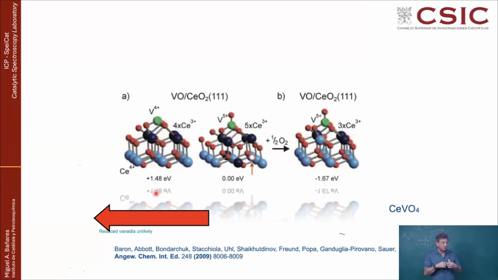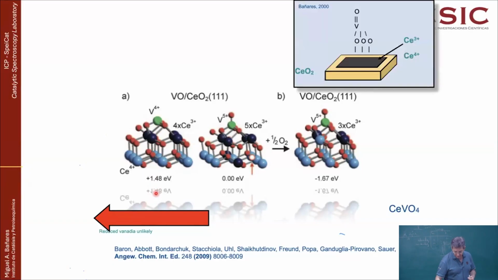And therefore, as we were assuming, indeed, the interface is reduced and the redox cycle will be occurring between the vanadium and the ceria atoms. So we have this cartoon, and Joachim made something much more professional, showing that. So that is ideal. The cartoon is from 2000, this is 2009, but in the end, everything is consistent.